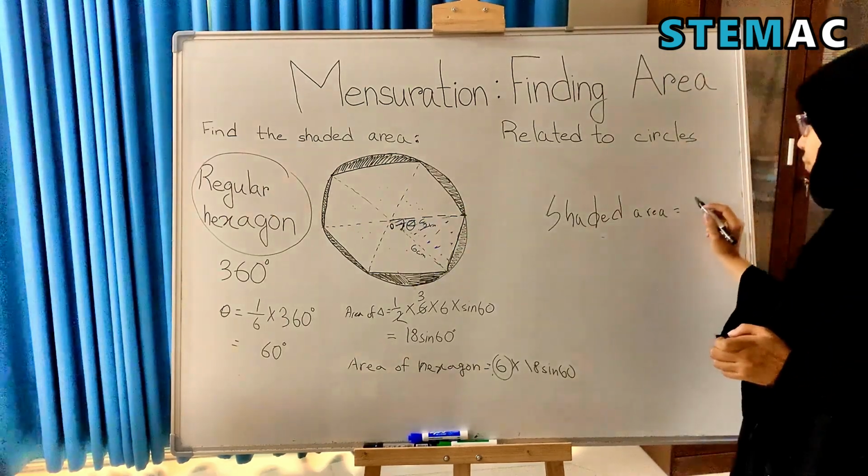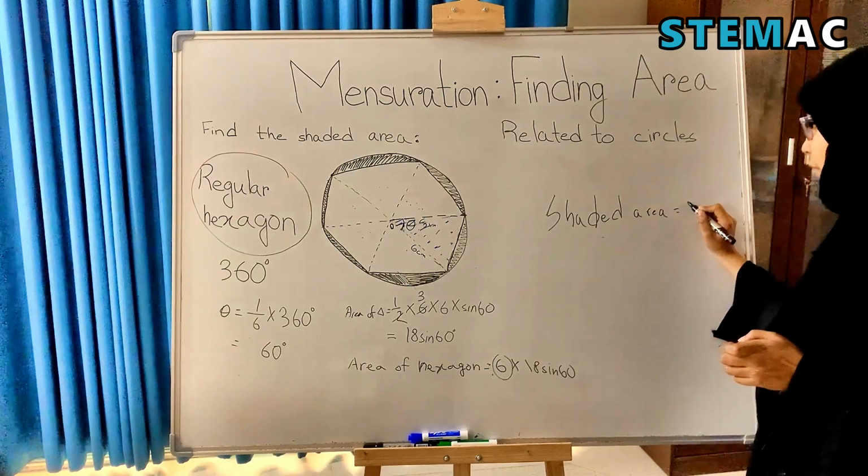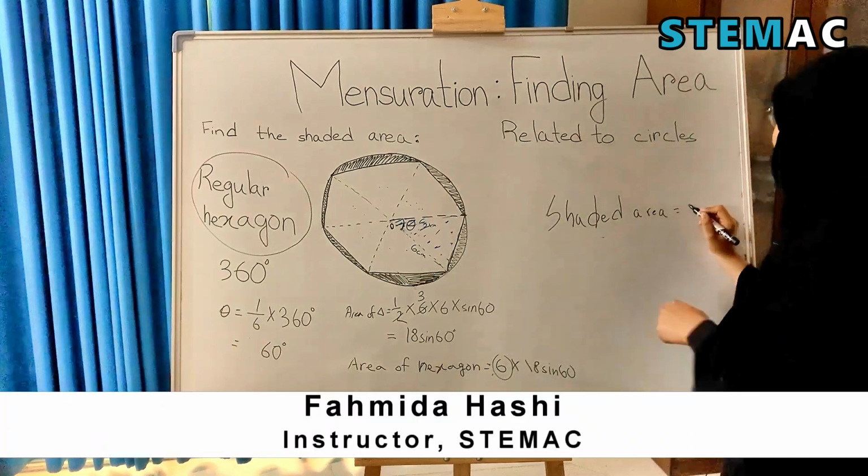Area of circle we know is pi r square, and the radius of this circle here is 6 centimeters.